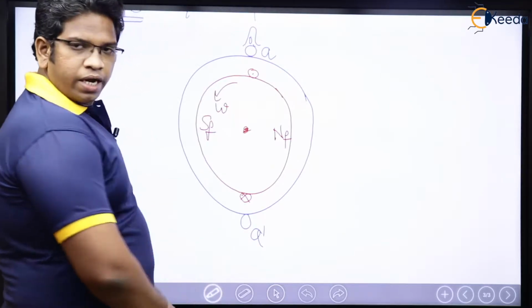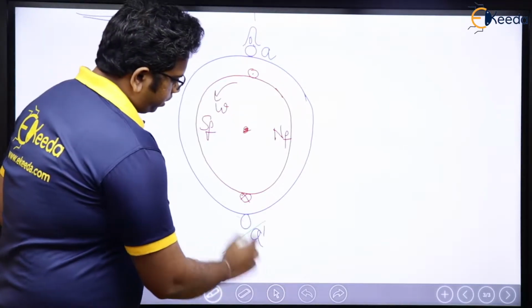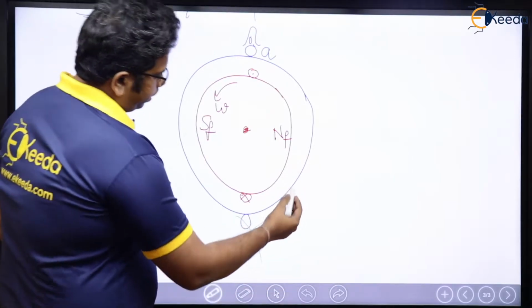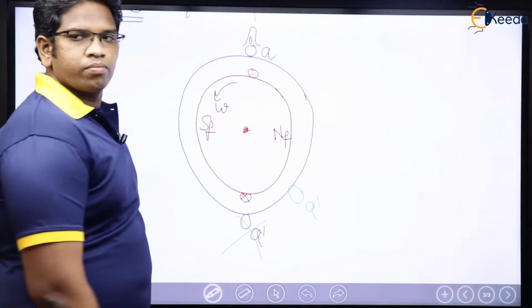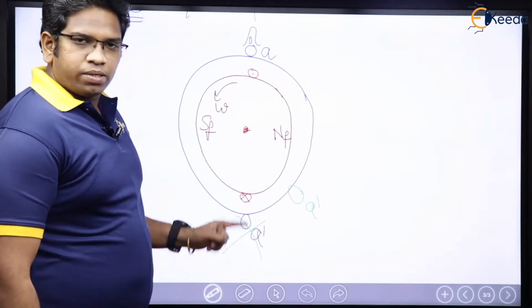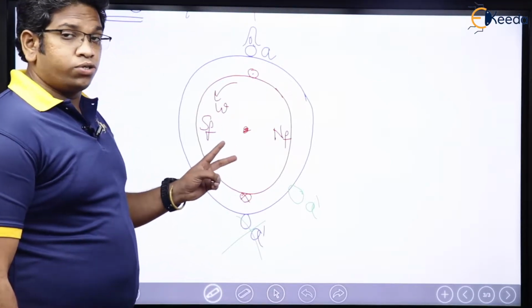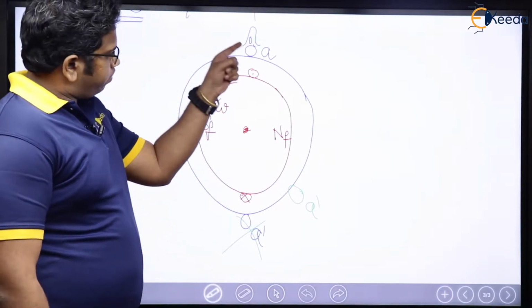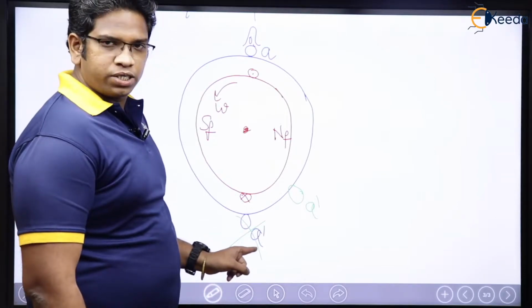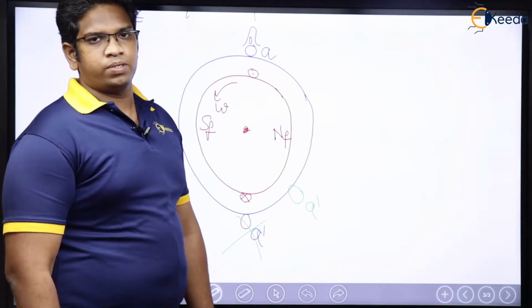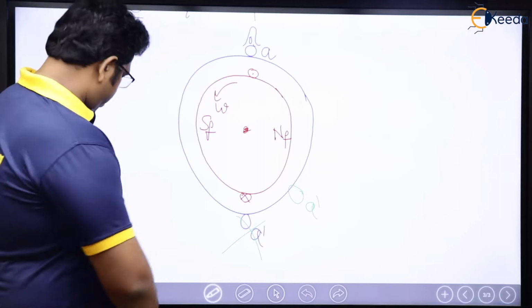Right? Now see here. Rather than placing A dash here, means I am not going to place A dash here now. Now I am going to place A dash here. Because ideally for 2-pole, what should happen? This should be opposite, right? If A is here, A dash has to be here. But now what I will do is, rather than placing A dash here, I will place A dash here. So let us see what happens.